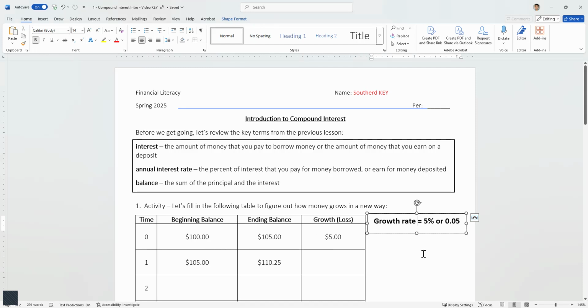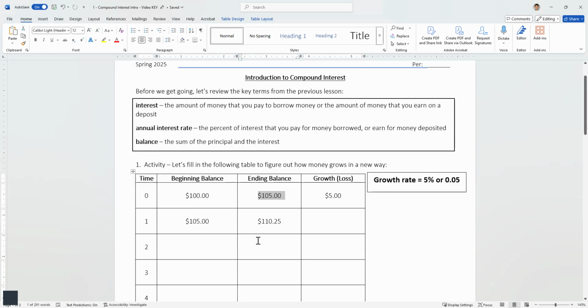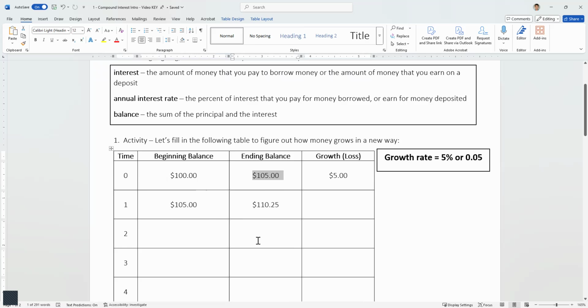So it's kind of cool, and we'll do an activity in class for this too, is that every time, so if I start with $100, for example, I'm going to grow from $100 to 105 at the end of the first period. Okay. And then as we go on and on, you're going to see that the new balance that we're going to start and grow off of is 105, not 100.